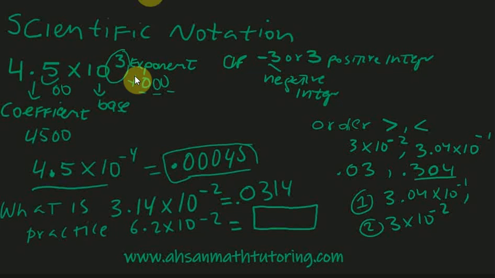So now the exponent is positive. You know, x positive, you go to the right; x negative, you go to the left. So since this is positive, you go 3 units to the right, 1, 2, 3.